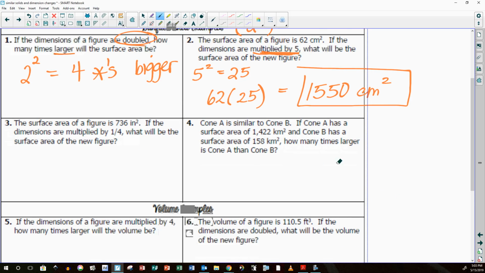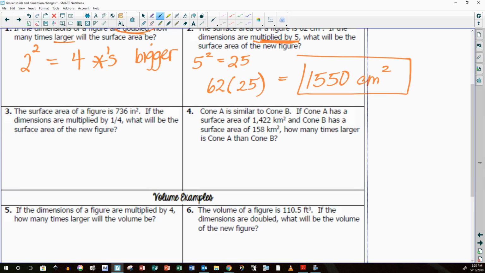And then you would do the same thing with the others. All right, so it says the surface area of a figure is 736. Now I'm changing the dimensions by 1/4. So you're going to take your 1/4 and you're going to square it. So now it's 1/16.